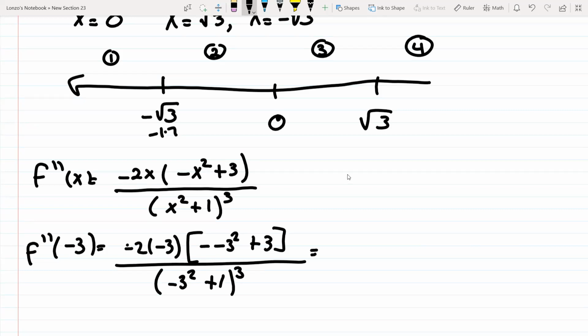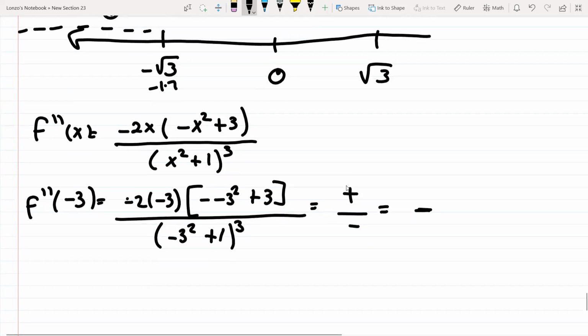Now, I don't really care about the number, I just care about the sign. When you do the numerator, it becomes a positive, and on the bottom, it becomes a negative. A positive over a negative is negative. So in boundary 1, it would be minus.